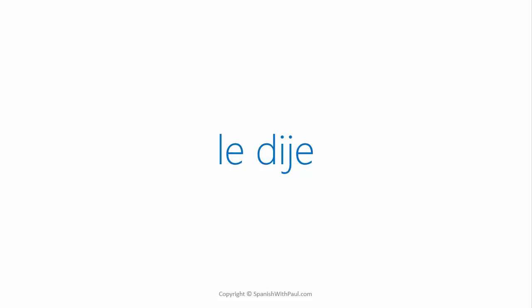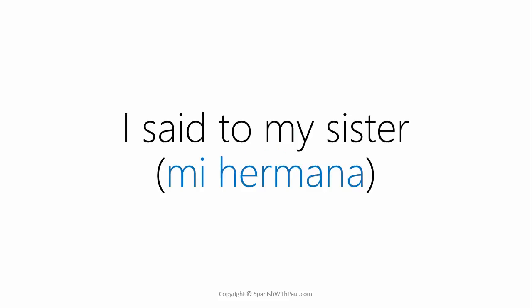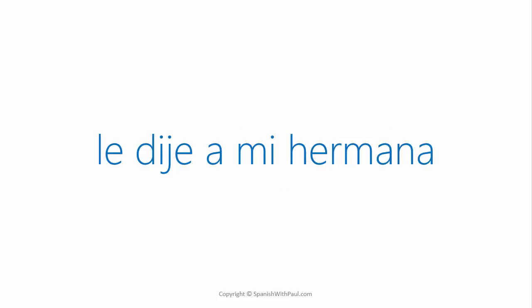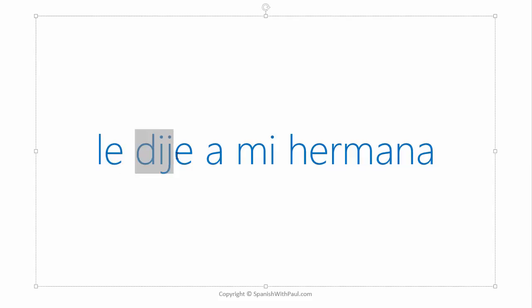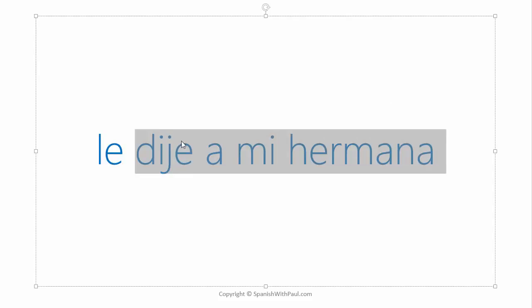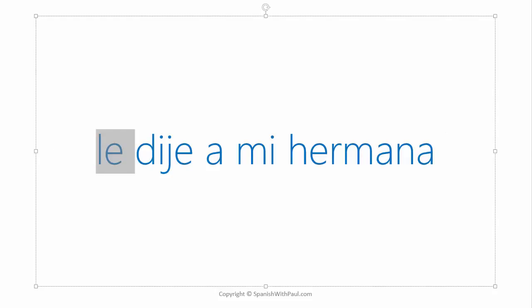Le dije. Now how would you say I said to my sister? My sister is mi hermana. Le dije a mi hermana. Here we have to her. I said to my sister. The redundant le. Le dije a mi hermana.